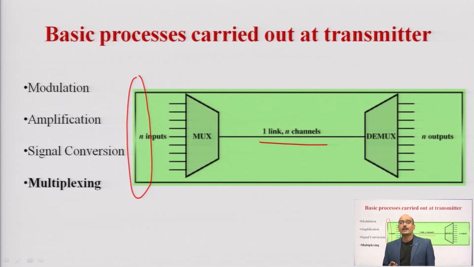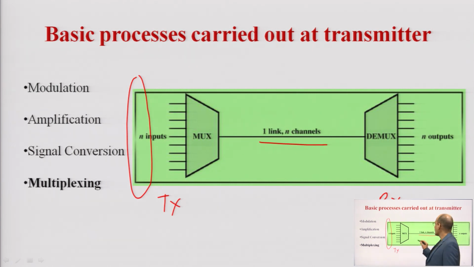That is why there are a number of inputs, but from the transmitting end to the earth station, or the receiving end, you are going to use a single channel, and one link is required for the system.